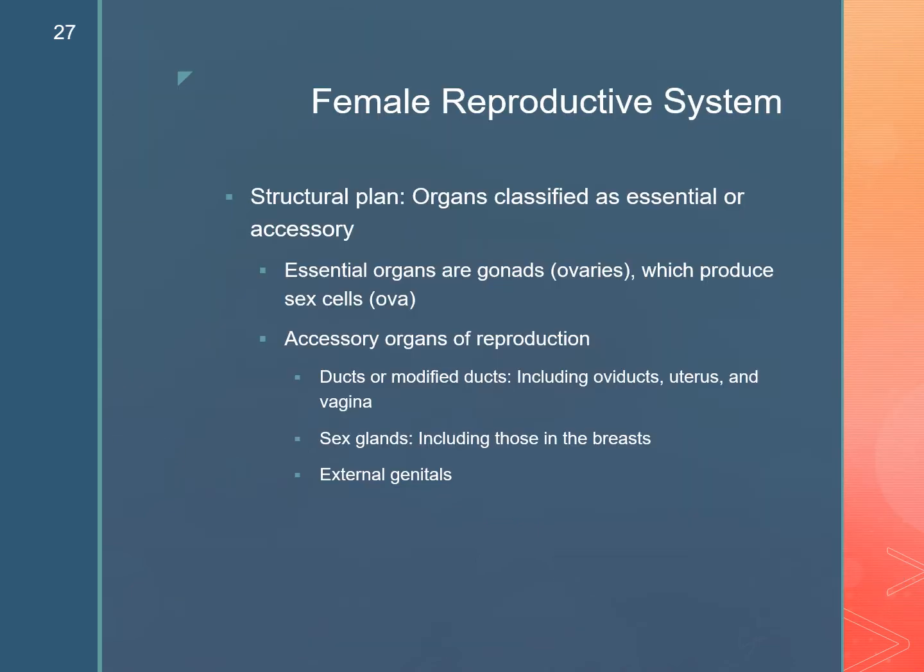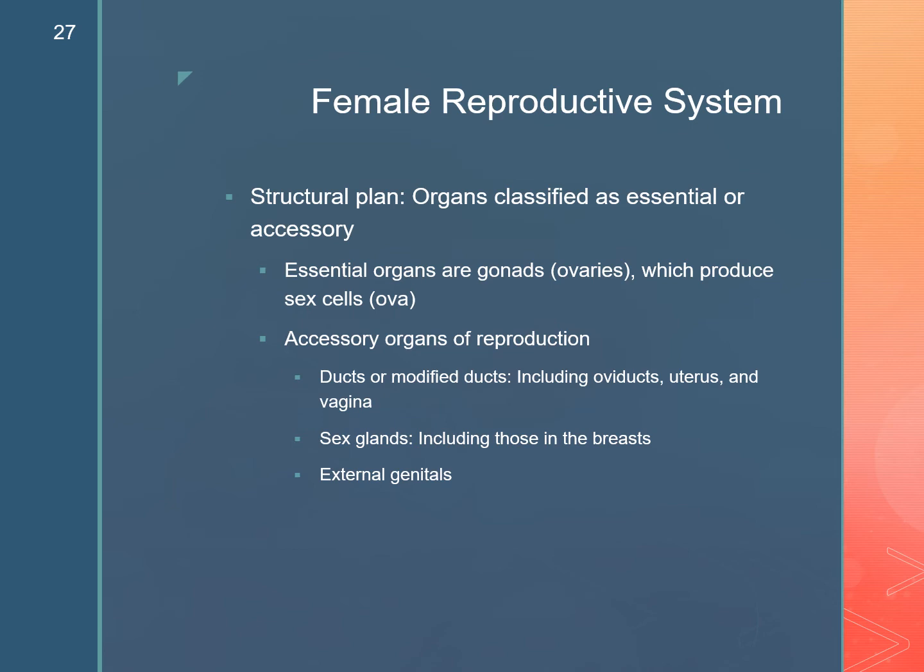So that concludes our discussion about the male reproductive system. Now we're going to begin our discussion about the female reproductive system, and we're going to start in the same place by talking about the structural plan and those essential organs versus the accessory organs. So for the female, the essential organs are the ovaries.